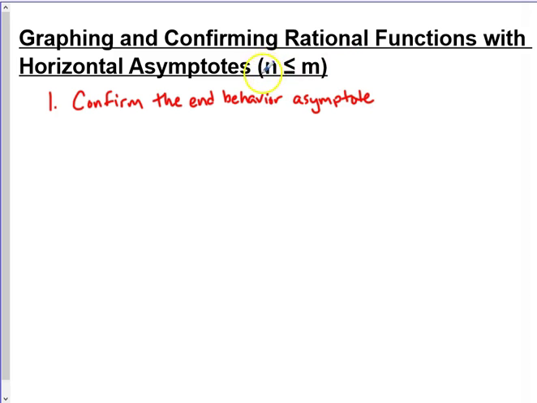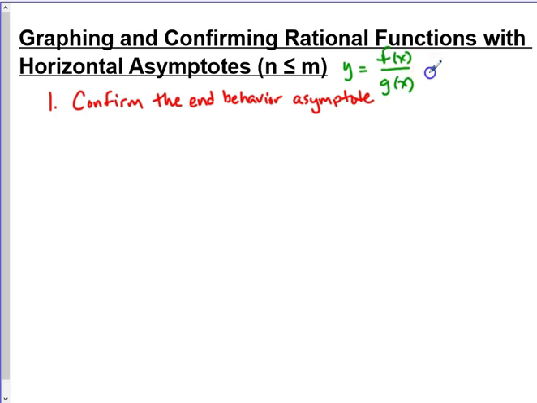Now, it kind of depends on the form of the rational function what the end behavior asymptote is going to be, whether it's going to be the x-axis or some other horizontal line, or maybe not even a line at all. So the way we're going to define it is, before we said we had a rational function would be something of this form, f of x over g of x, right?